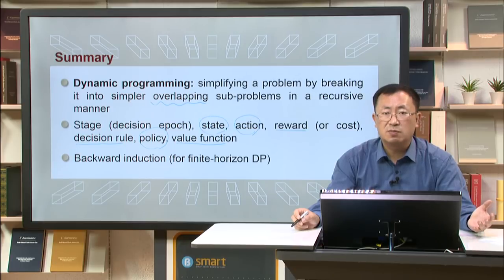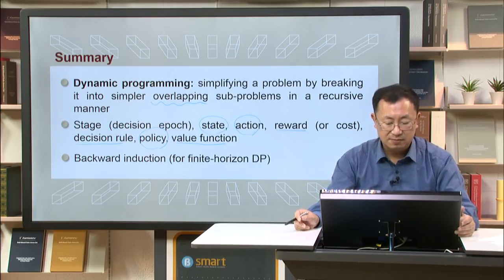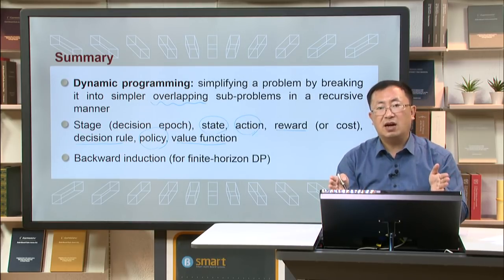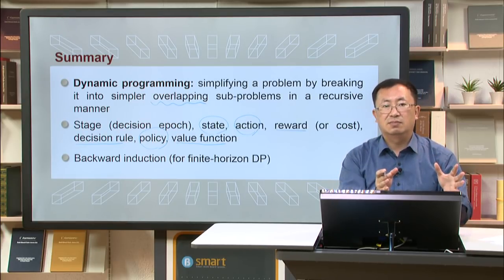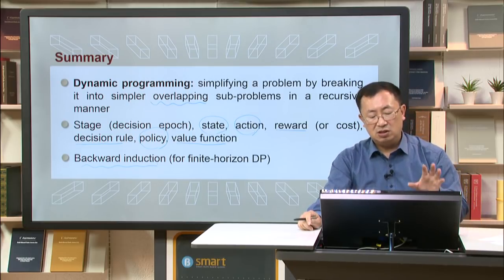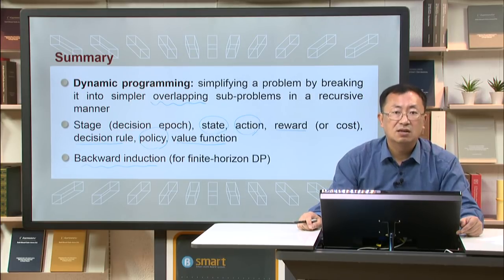The value function is represented through recursive equations. When the time horizon is finite, we simply walk backward in time, which is called backward induction. We took a look at one simple example to see how backward induction works. So that's it for today. Thank you.